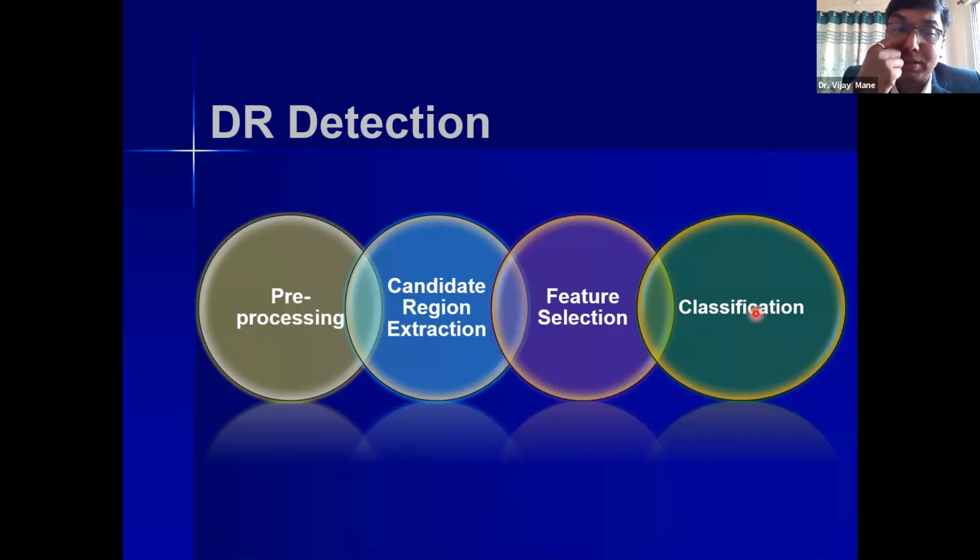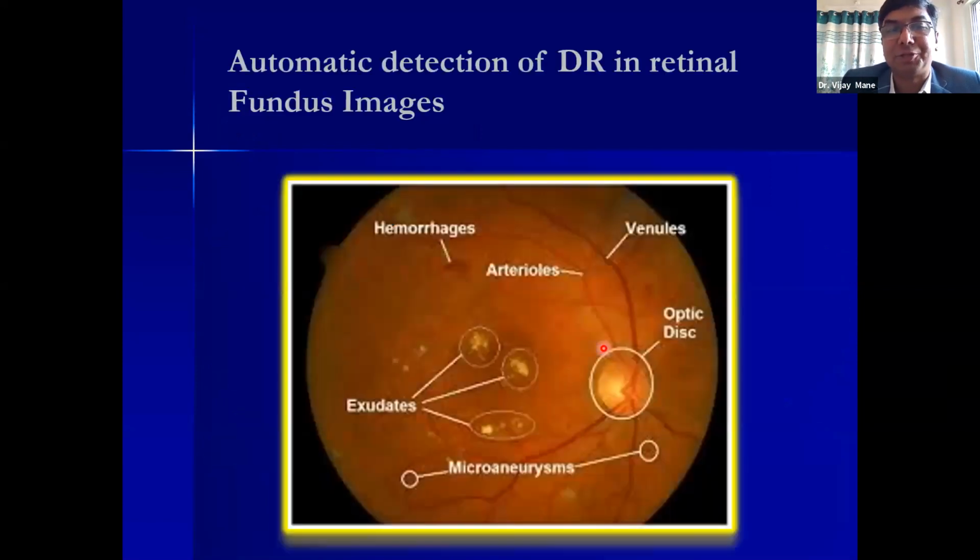For the testing purpose, the same sequence is followed, and then we may come up with a very good or an excellent algorithm to automatically identify the disease, or the lesions in the image.